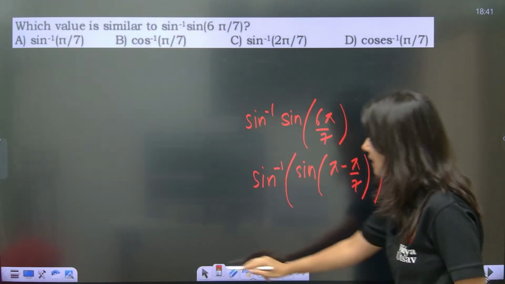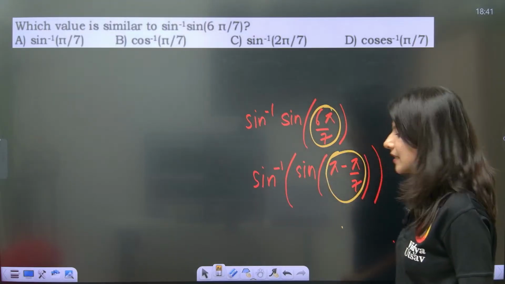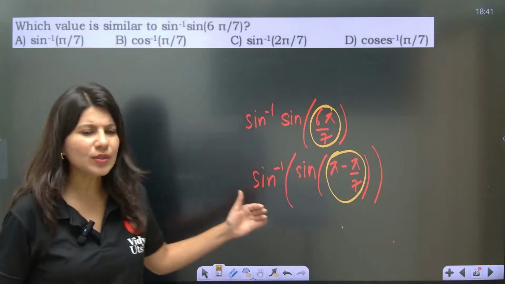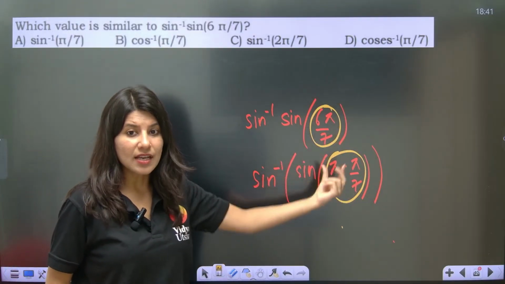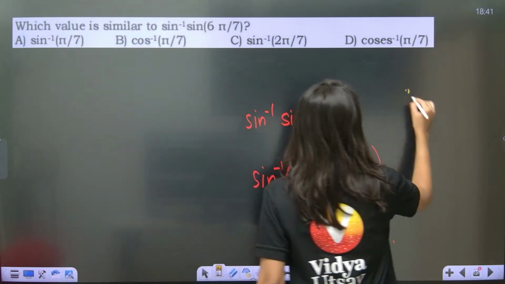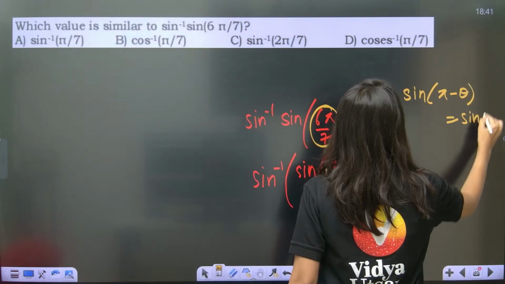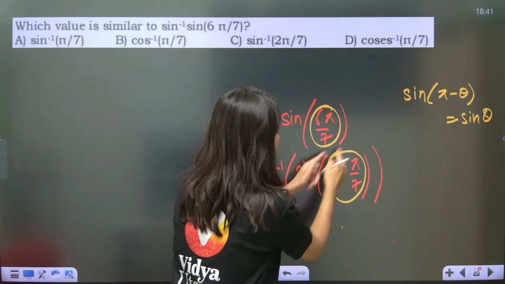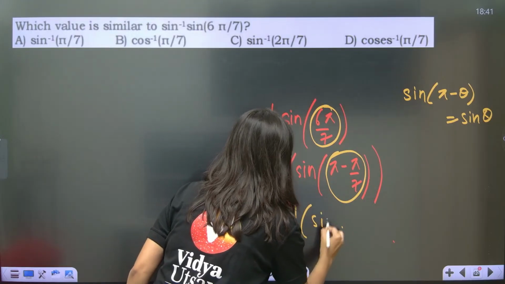So I replaced 6 pi by 7 with pi minus pi by 7. If you take the LCM, you'll get this. Now sin of pi minus theta, can anybody tell me? Sin of pi minus theta is nothing but sin theta. So this is sin inverse of sin pi by 7.